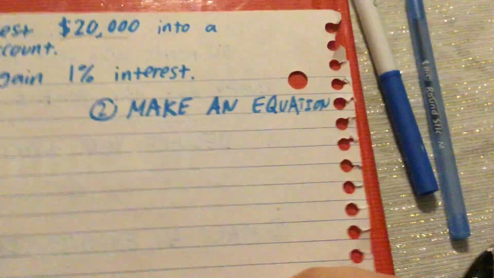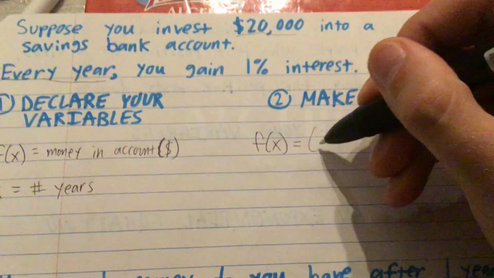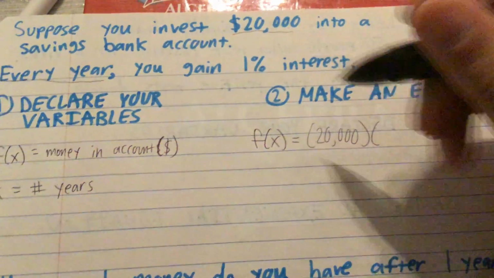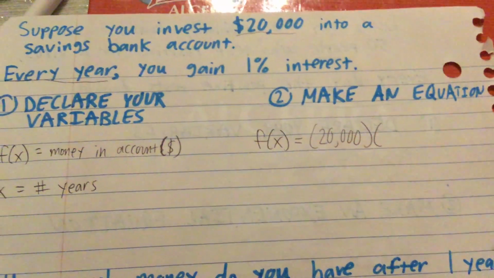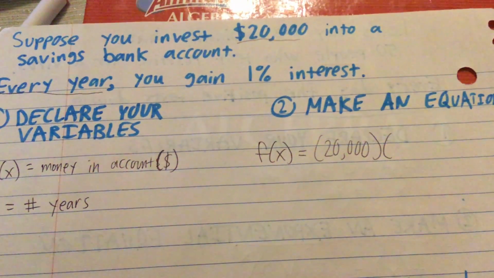All right, let's make an equation out of this. So f of x has an original amount. What's the original amount? $20,000. And you're going to gain what? So go back to our sales tax and coupons review.